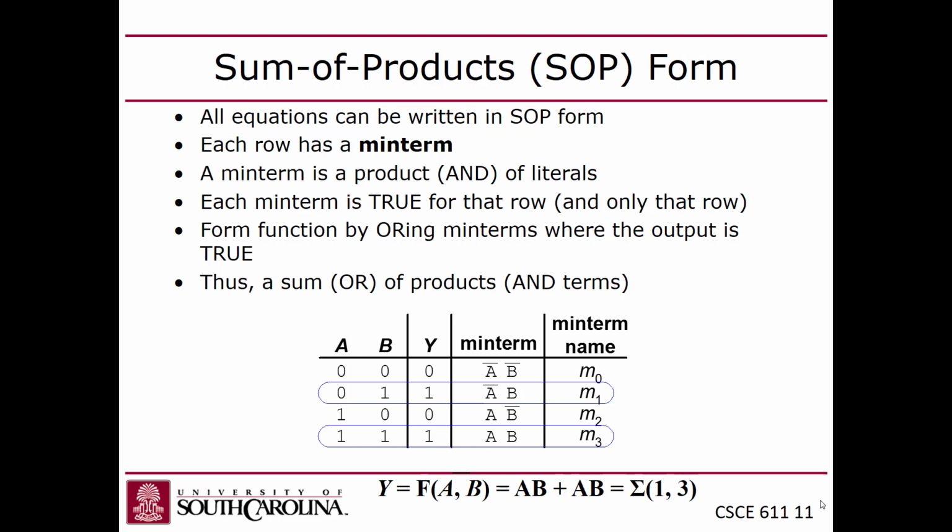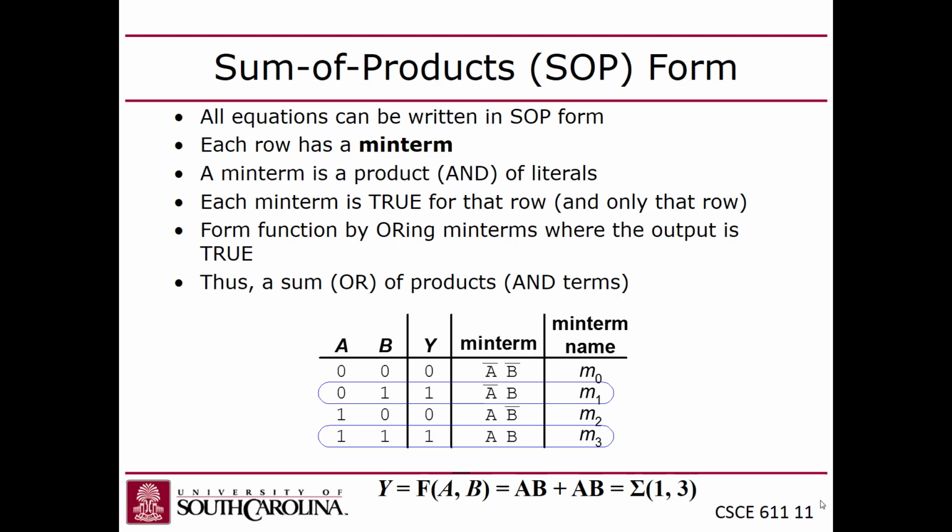The not got moved. I have to fix that. That's a bug in the slides. I'm glad I looked at that. Can you see that little bar right there? That bar was supposed to be above. Somehow that got moved. So that should be not A and B, or A and B, right? So those are your two minterms.